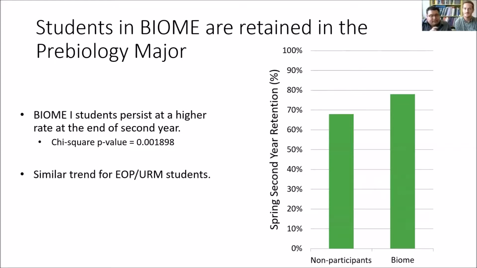We are able to construct a generalized linear regression model that allows us to predict the grades of the students based on certain predictors. We can apply that model and see if the Biome students perform as the model predicts. That's one way to separate self-selection from whether the students are actually gaining something from coming to Biome. If you just hold on for a second, we can show you that.